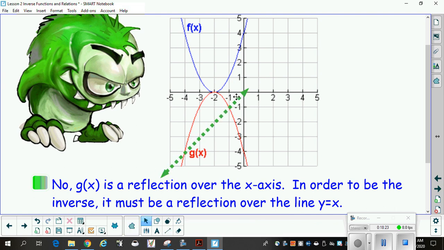Okay, remember this is the identity line. The blue and the red are not reflections over the identity line. So g of x is not the inverse of f of x.